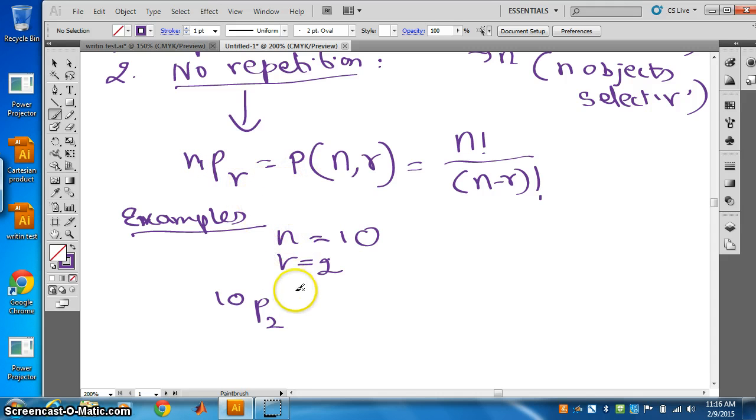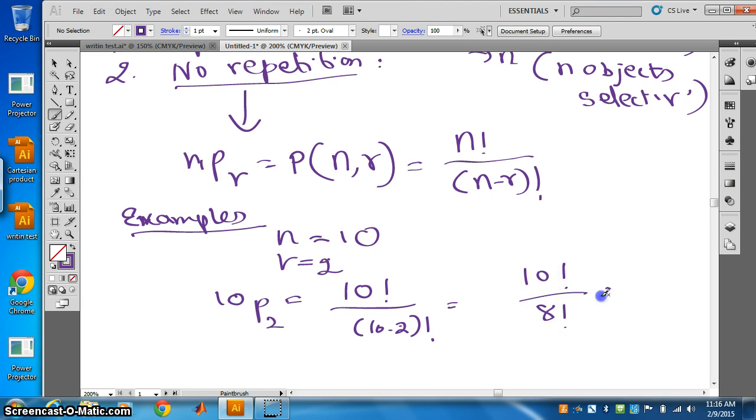So use the rule. This is equal to factorial 10 divided by factorial 10 minus 2, which is factorial 10 by factorial 8. 10 into 9 into factorial 8, and factorial 8 is cancelled. So the answer is 90.